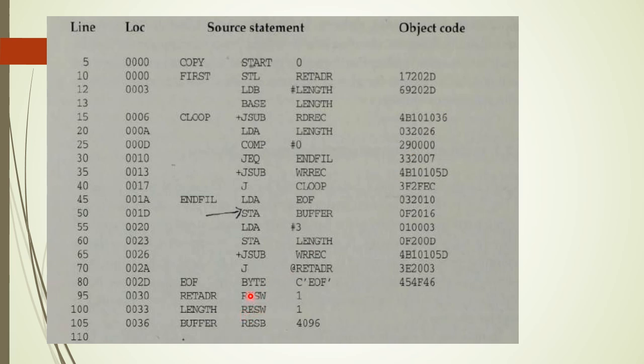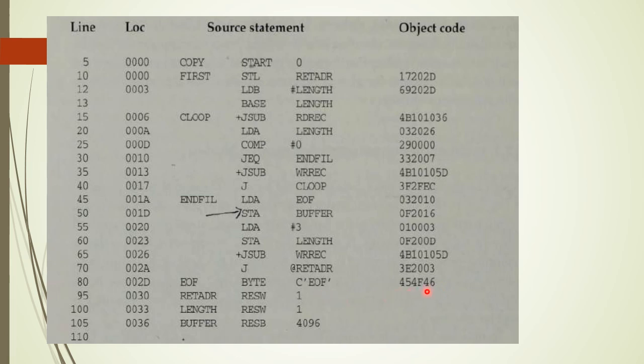Other assembler directives are BYTE, RESW and RESB. With respect to BYTE, this C stands for character constant, EOF. Here we are just mentioning the character constant values in the object code. The ASCII value of E is 45, the ASCII value of O is 4F, and the ASCII value of F is 46.